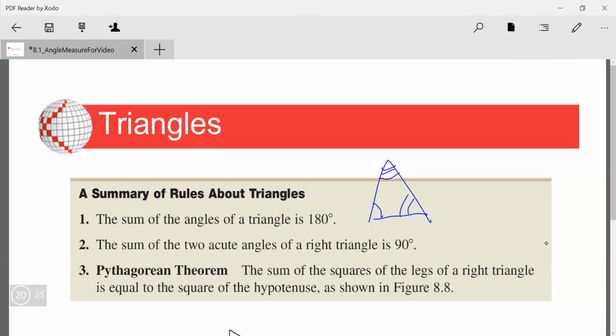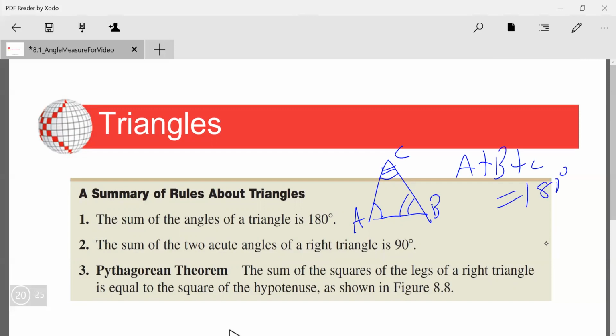It doesn't matter what the triangle looks like. So if you have A, B, C here, then A plus B plus C is 180 always.